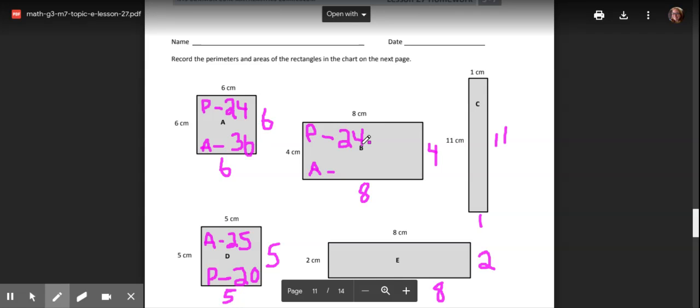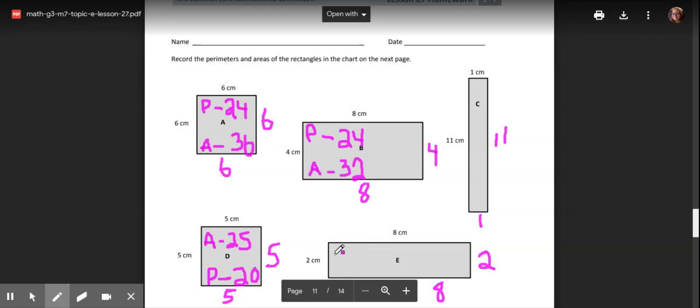For the area, we multiply the width times the length. So the width times the length is 4 times 8, and that is 32 centimeters squared. Just writing the 32 because it would take me forever to write 32 centimeters squared on my computer.